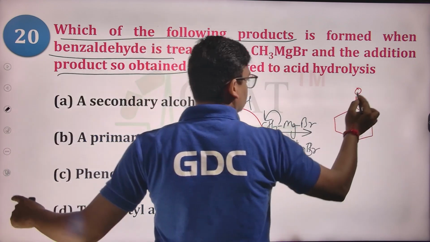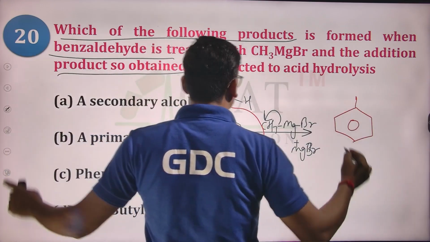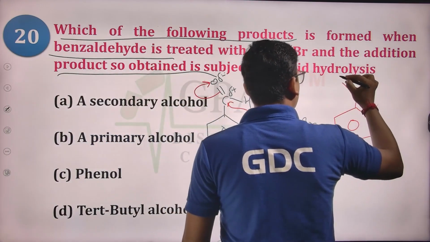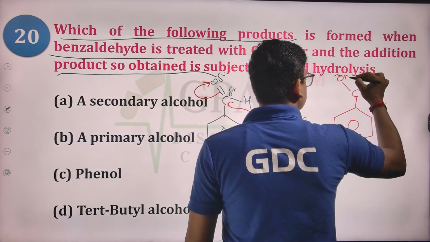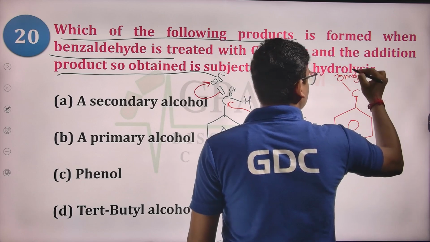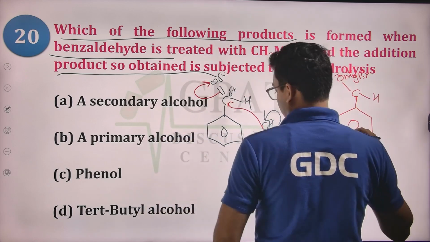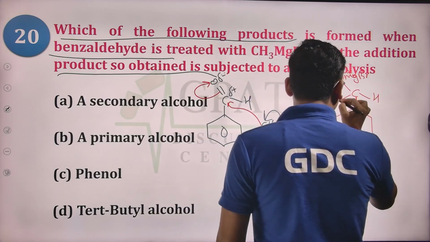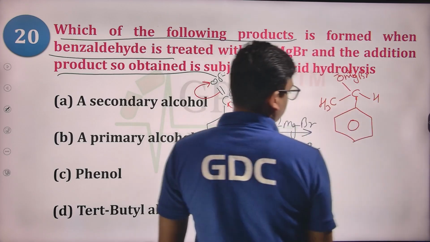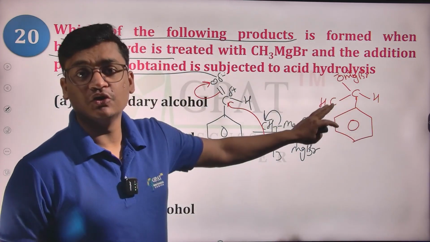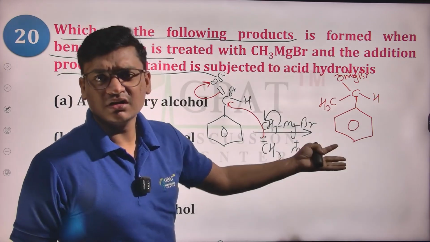So we are having C with O minus MgBr plus here, and we are having a hydrogen and a CH3 group attached here. So this is your addition intermediate.